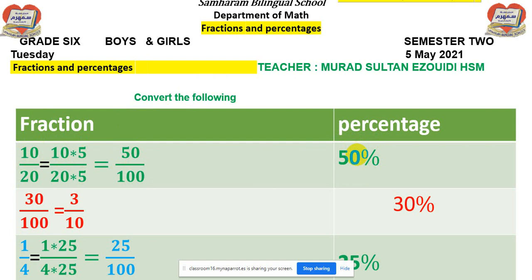Hello, how are you, my daughter? Science is for tomorrow. It will be tomorrow, science. My daughter. No. Today is, let's say, it will be math, the last period. I informed you yesterday.